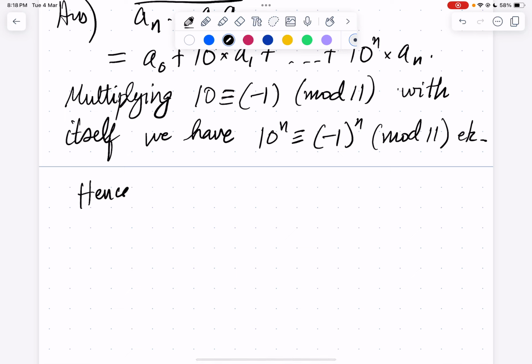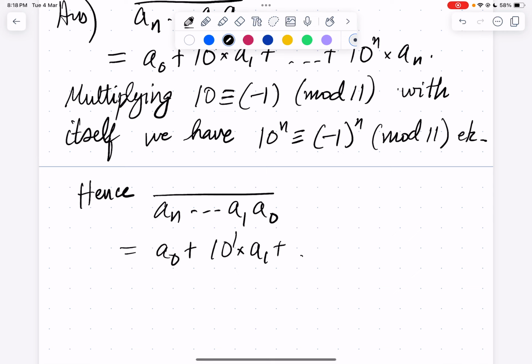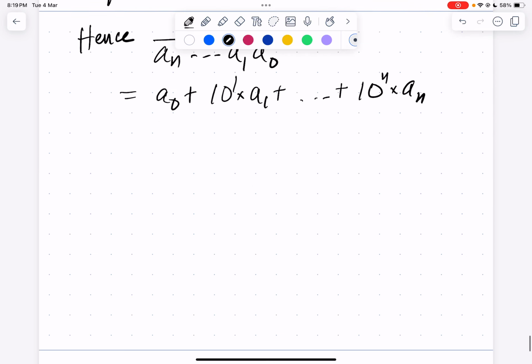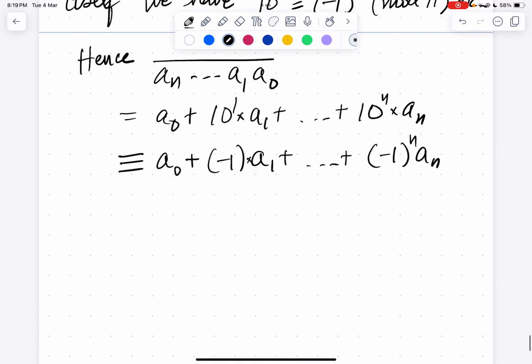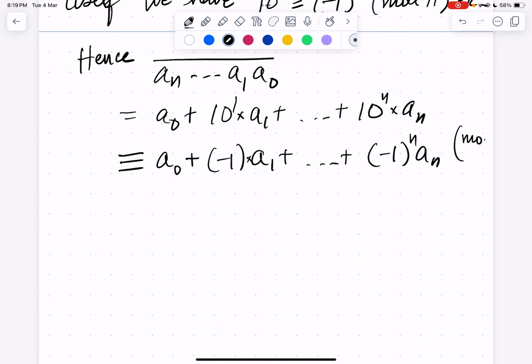Hence, the n-digit number is a_0 plus 10 power 1 times a_1 plus 10 power n times a_n. When we take congruence modulo 11, this becomes a_0 plus minus 1 times a_1 plus minus 1 power n times a_n, mod 11.